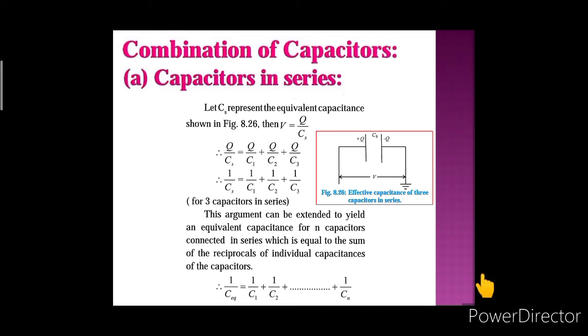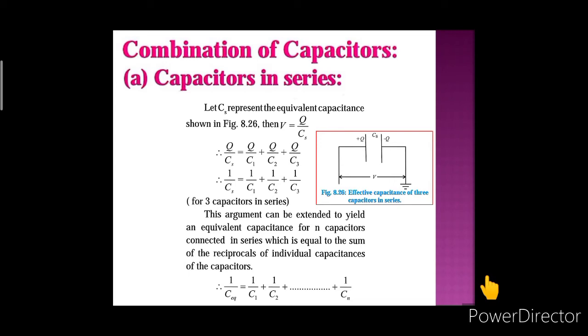Now if two capacitors are connected in series, then the equivalent capacitance we can write as 1 upon Cs is equal to 1 upon C1 plus 1 upon C2. Similarly, we can determine the equivalent capacitance in series when four capacitors are connected in series, as 1 upon Cs is equal to 1 upon C1 plus 1 upon C2 plus 1 upon C3 plus 1 upon C4.